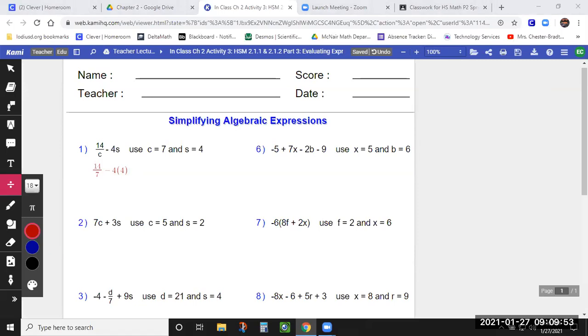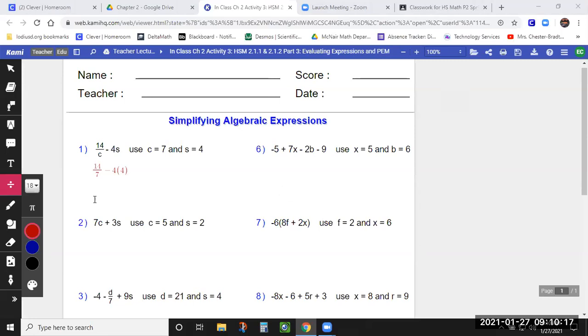Now we're going to go solve what they're worth. 14 over 7. What does that mean? 2. Okay.